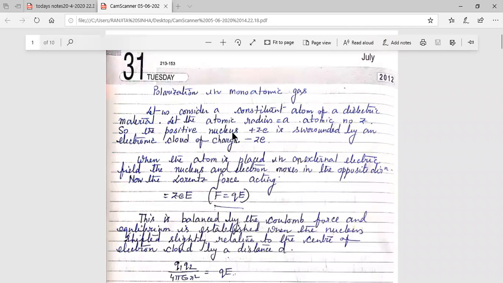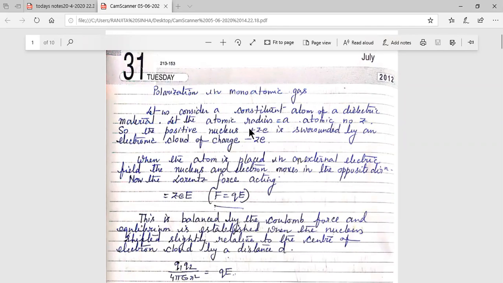Now the positive nucleus has charge plus Ze, where Z is the atomic number. It is surrounded by an electron cloud of charge minus Ze.